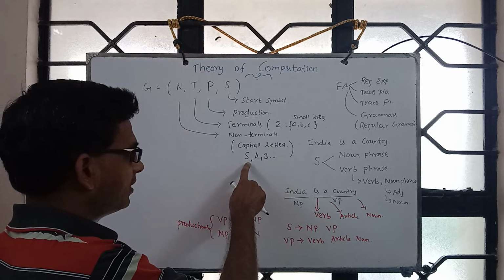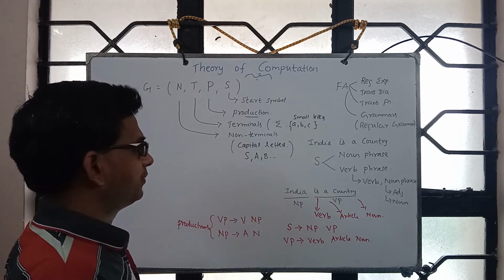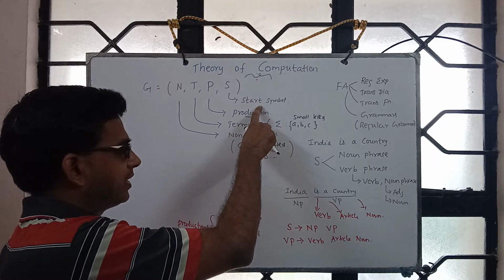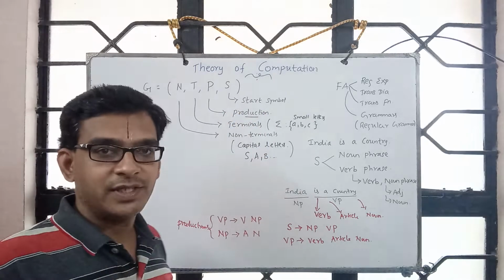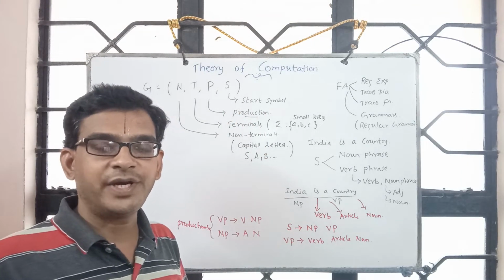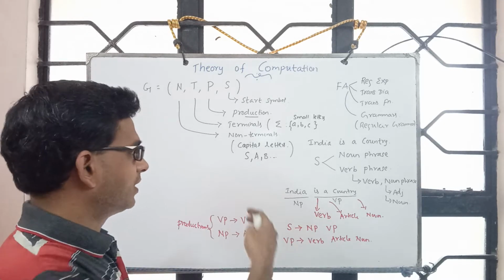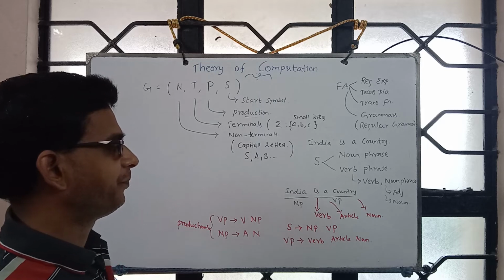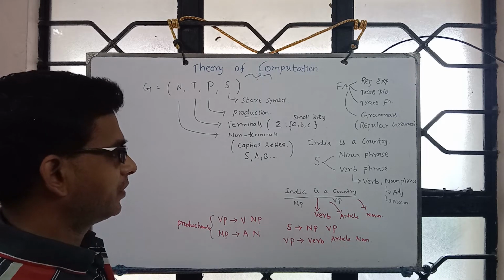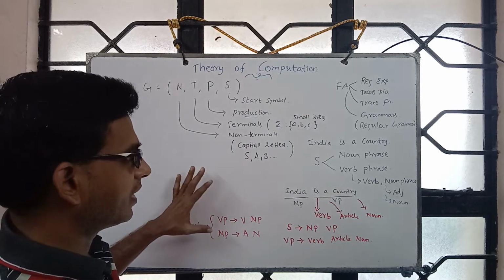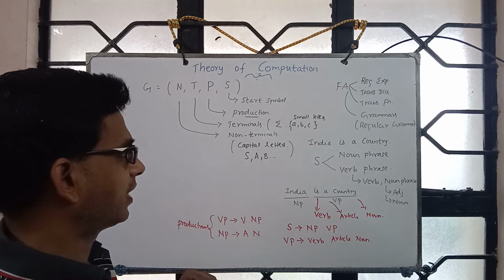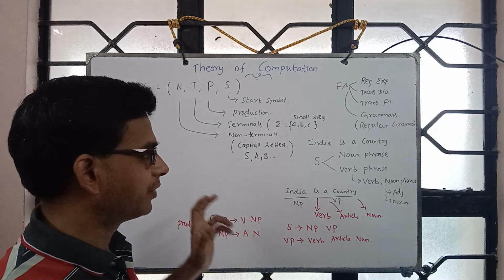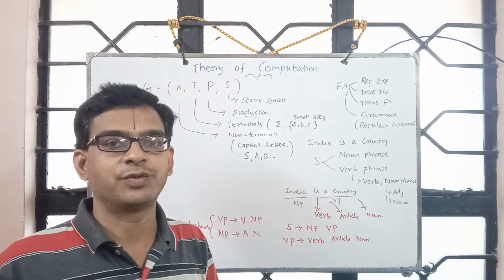The start symbol is also a non-terminal. So the production rule starting from the start symbol will be the very first production, and subsequent rules are generated out of the start symbol, correct? So keeping this in mind, let's explore regular grammars, and subsequently we will move on to grammars accepted by pushdown automata.